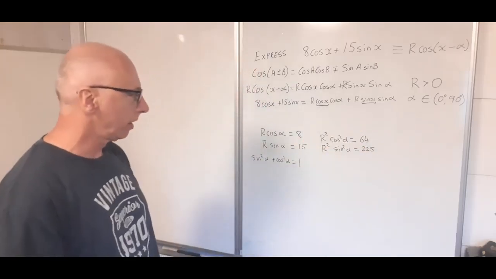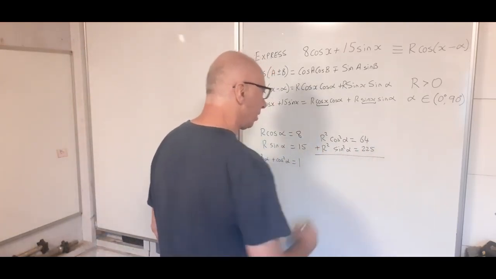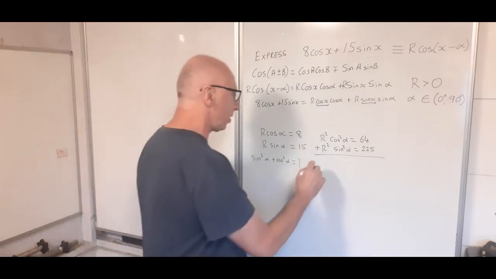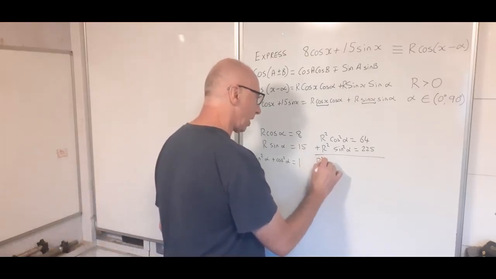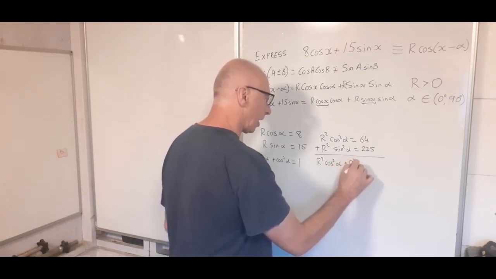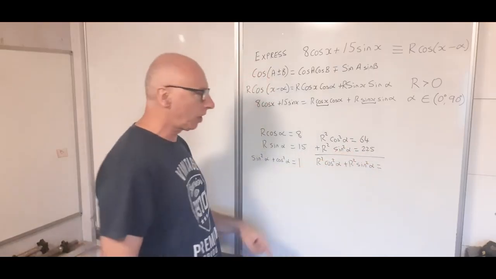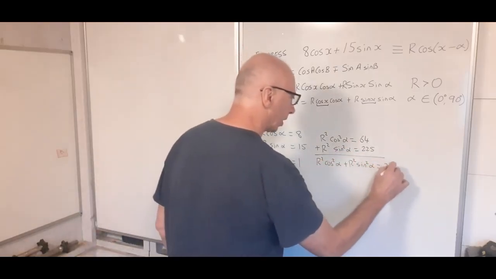That's what I got there. Now what I can do, I can just add these together. So if I add them together, what I've got now is r squared cosine squared alpha plus r squared sine squared alpha. 64 plus 225 is 289.